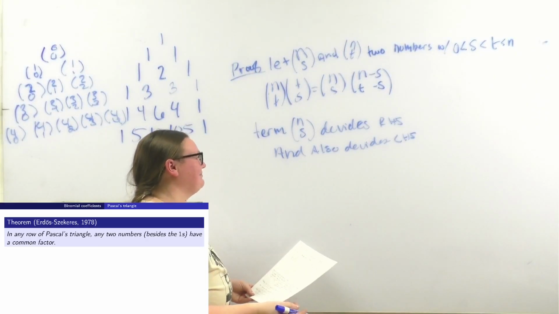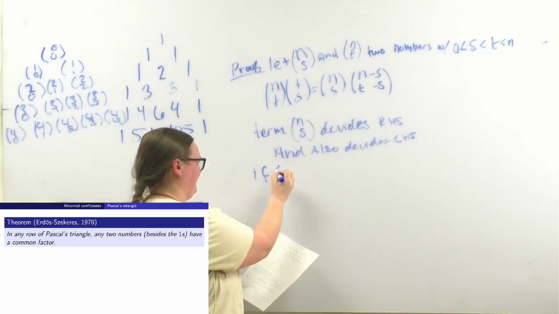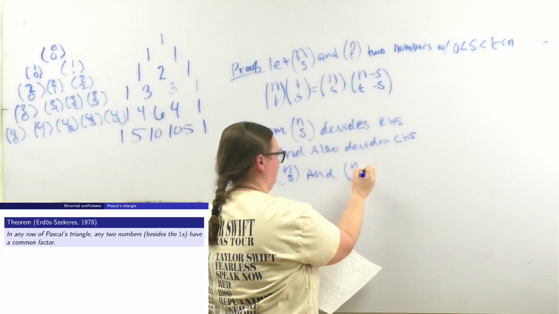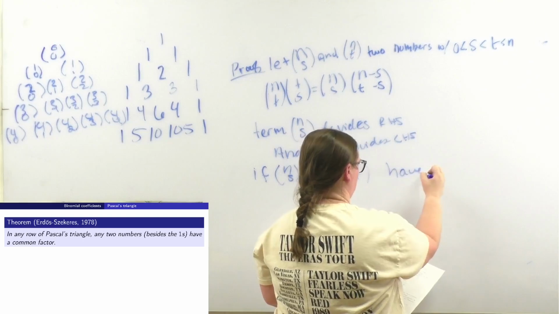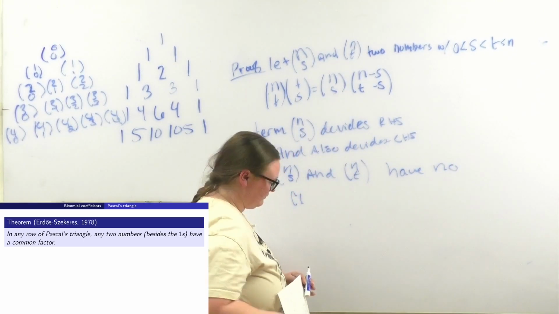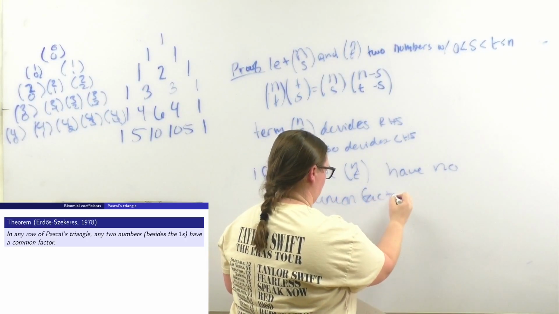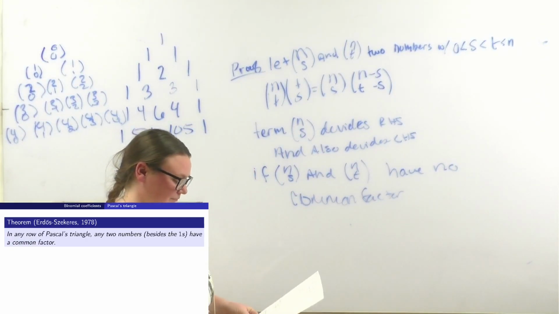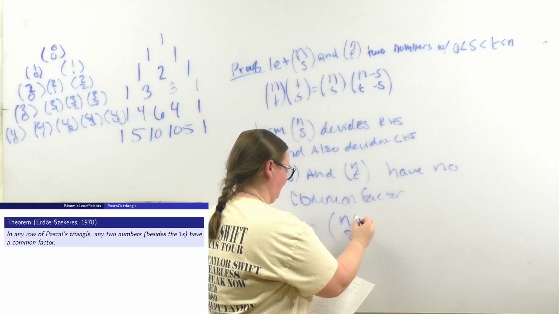Okay. So it divides this one and this one. And if N choose S and N choose T have no common factor, then what?